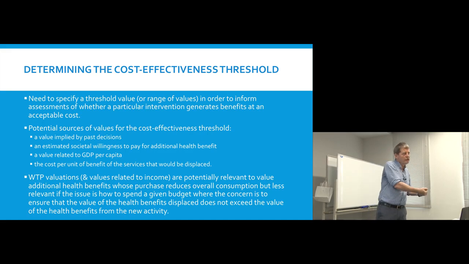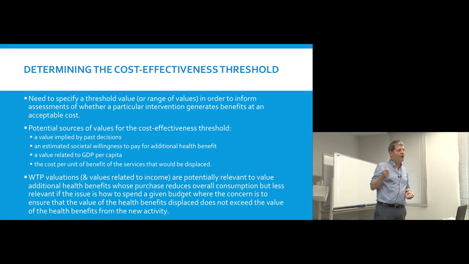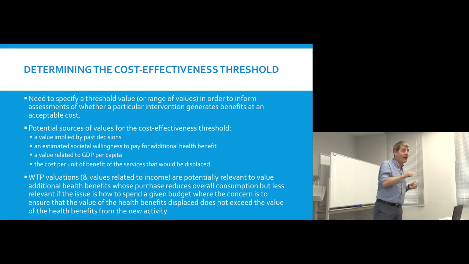If we introduce a new treatment strategy, a new intervention, what are we going to displace? Now, because all health systems are budget constrained, if we introduce something new, we have to displace something. The money has to come from somewhere.